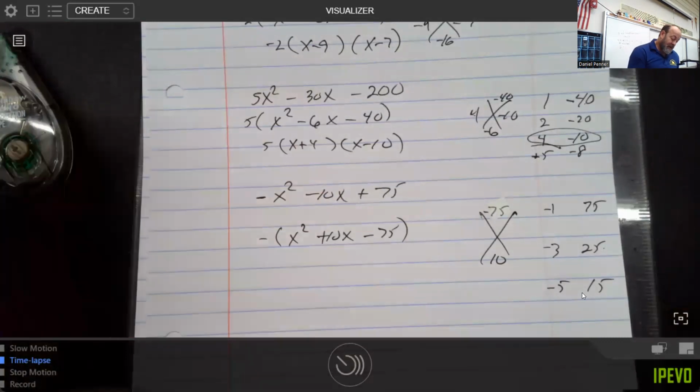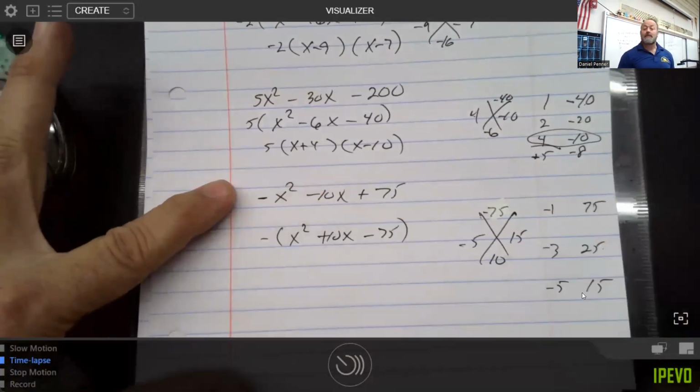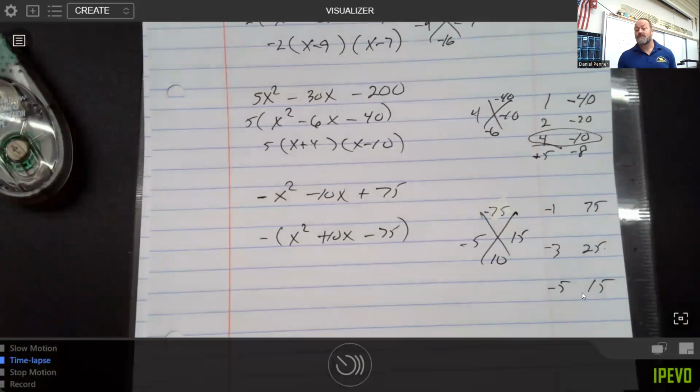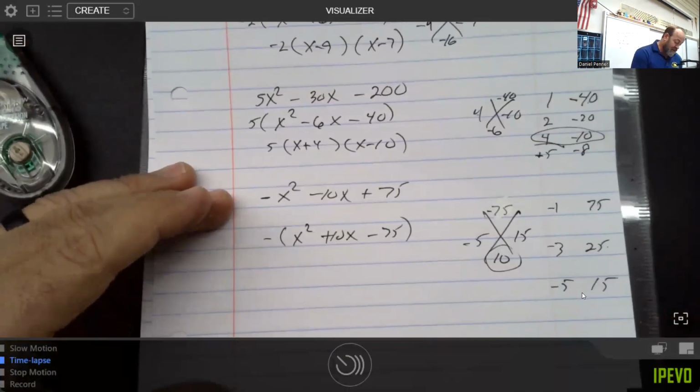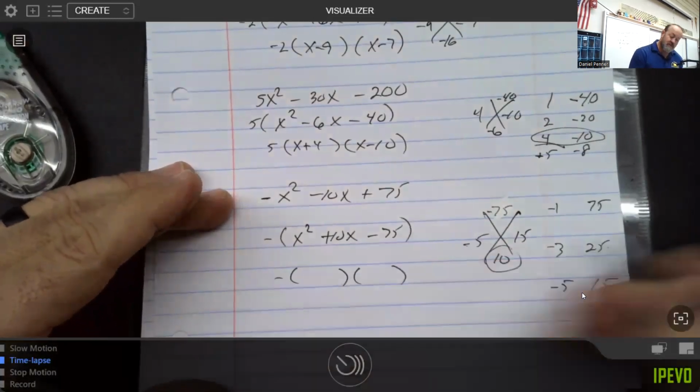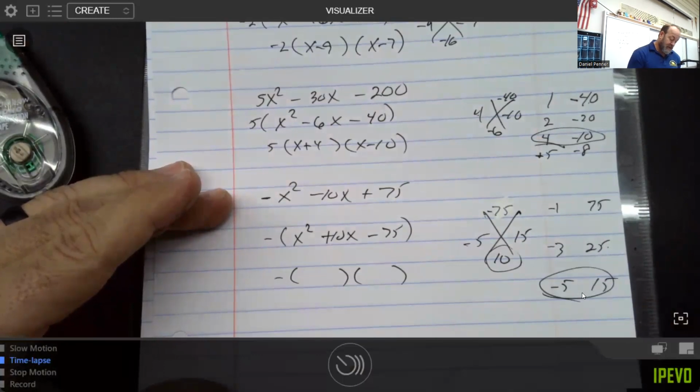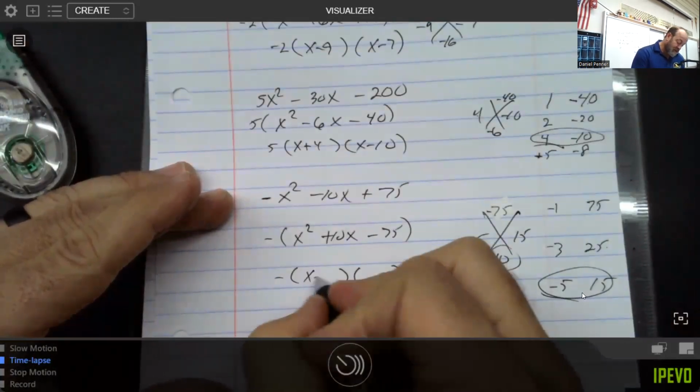And that was the number that I was looking for. And I figured most people probably didn't realize that 15 times 5 is 75. So sometimes you look at these numbers and you're like, how in the world am I going to get that guy? And that's because sometimes you just take a minute to write down all those possibilities. And we have my final answer.